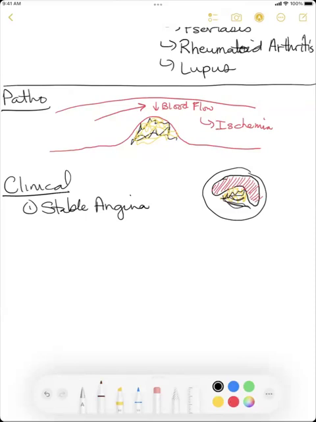During times of rest with stable angina, the heart muscle is getting the proper amount of oxygen that it needs. But during exercise, that blockage is fixed. You can't get any extra blood flow to the heart. So during exercise, when the heart needs more blood flow but can't get it, it starts to go into a bit of ischemia.